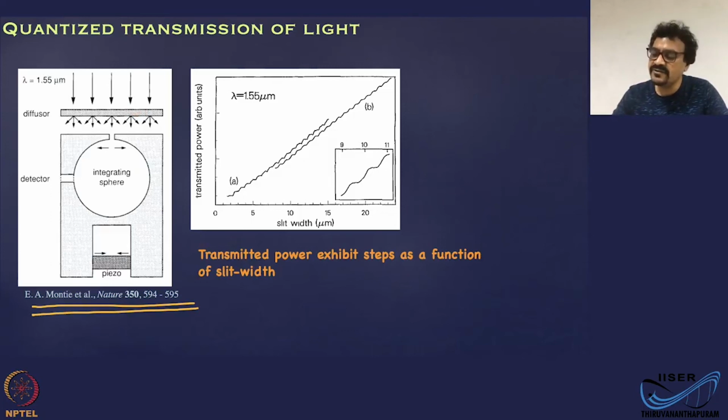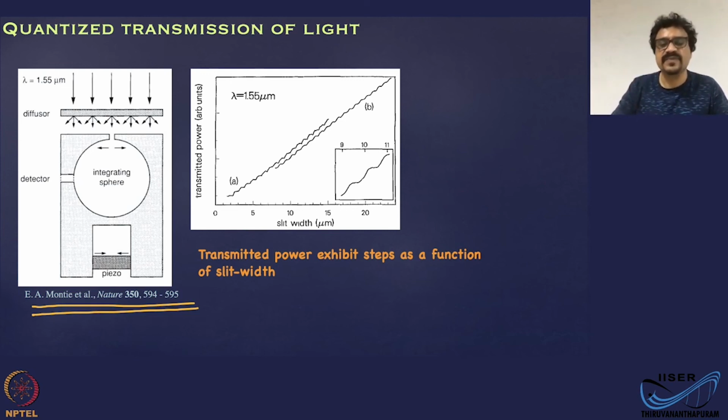Then you have a detector, which is in the form of a sphere here. And you have some arrangement to control the width of the opening through which the light is entering. This is like the electrons going through the constriction. The light is going into a region where you can measure the intensity, which is an integrating sphere, through a collimator whose width you can control.